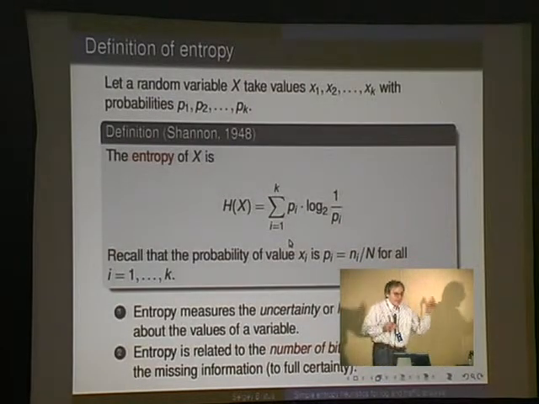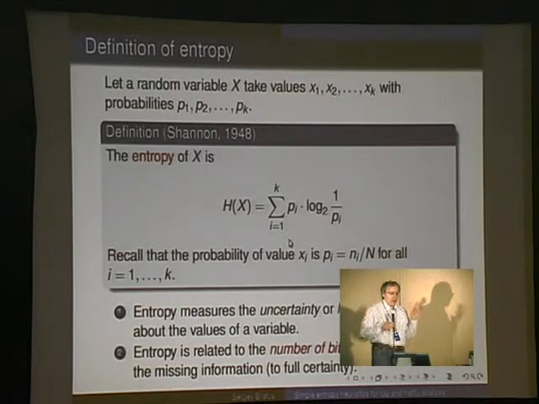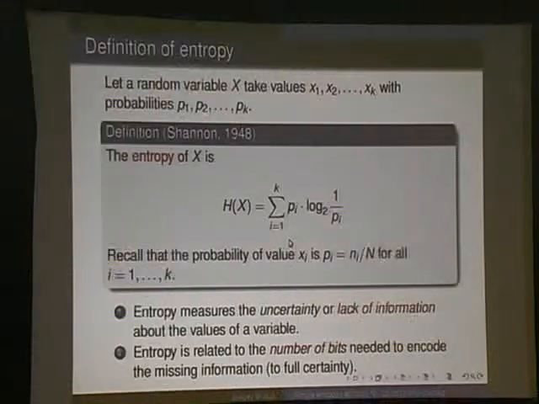So then, entropy is going to be a one-number measure of the histogram. And it's defined as follows. You take all those probabilities: you count the number of things in bins, you divide them by the total, and you add them up, multiplying each by the log of the inverse probability.